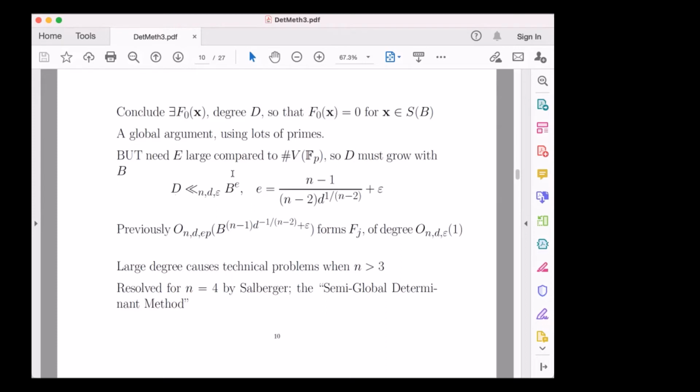All the estimates we had previously, like this one here, involved an implicit constant depending on degree, and if the degree is capital D, we don't know how things depend on capital D. Nonetheless, this awkwardness was handled by Salberger in the case n equals 4, so this would be projective surfaces, using what he calls the semi-global determinant method. So I think this is an interesting area for further research to try and make more use of the global determinant method.